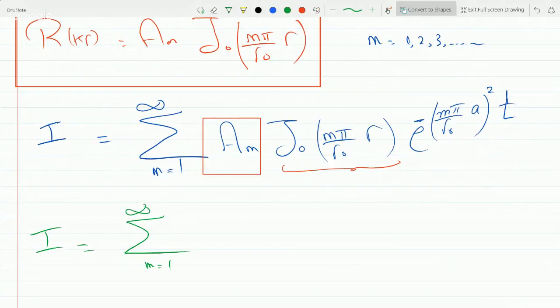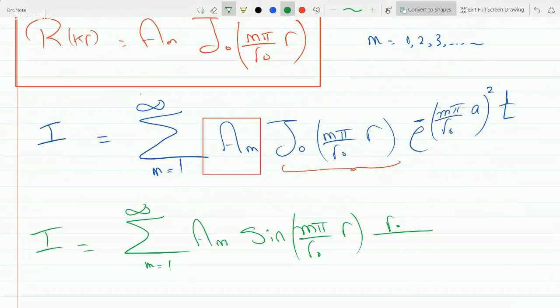The sum from m equals 1 to infinity of A_m sine(m pi over R0 r) times R0 over m pi r times e to the minus (m pi over R0 a) squared t.